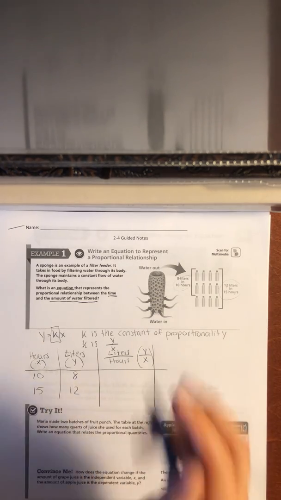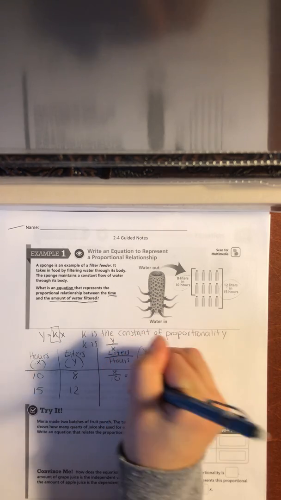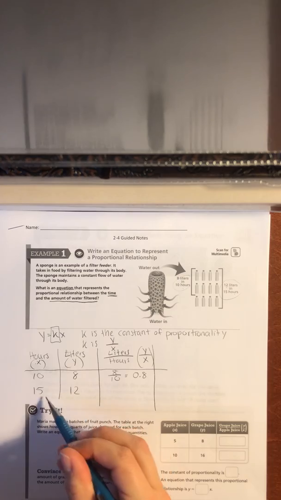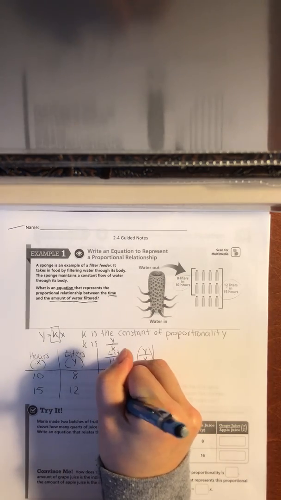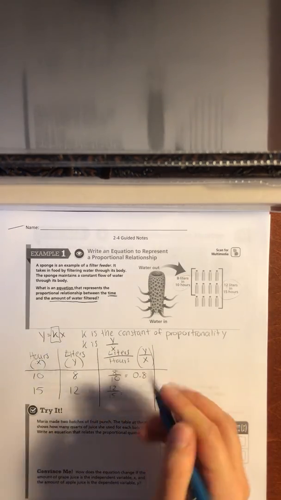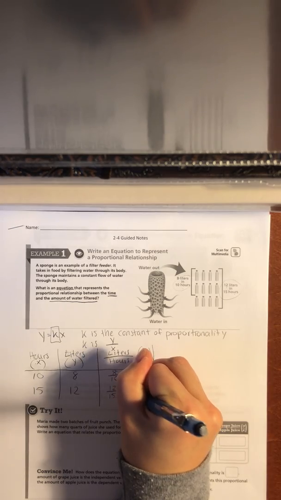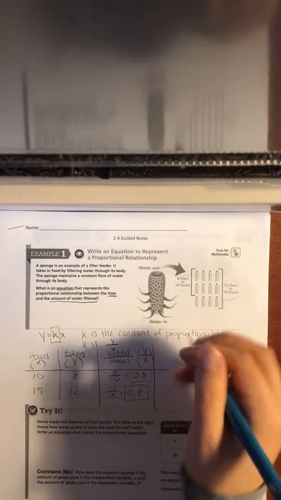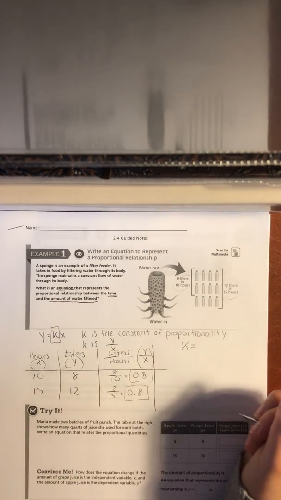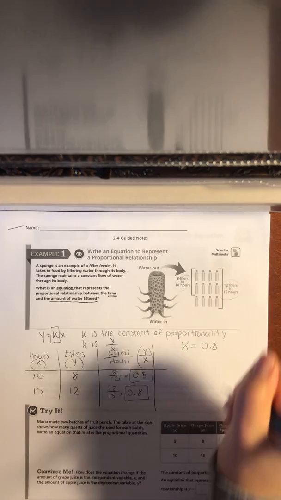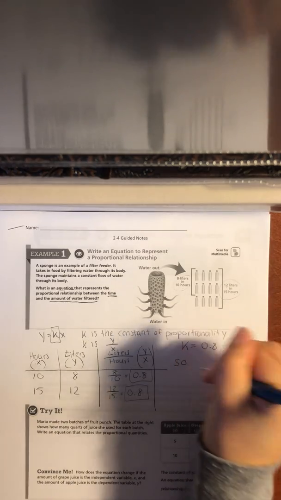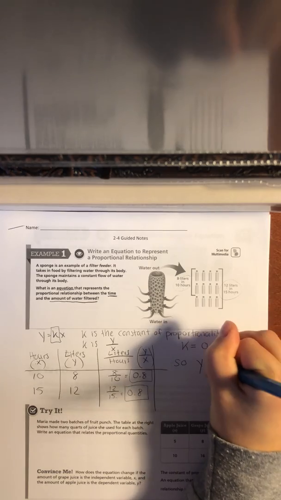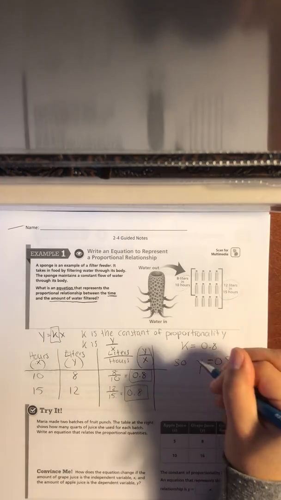So 8 over 10, if you divided that out, you're going to get 0.8. 12 over 15, 12 divided by 15 is also 0.8. So that means we have equivalent ratios here. Our constant of proportionality, our K, is 0.8. So the equation is y equals 0.8x. That's our equation.